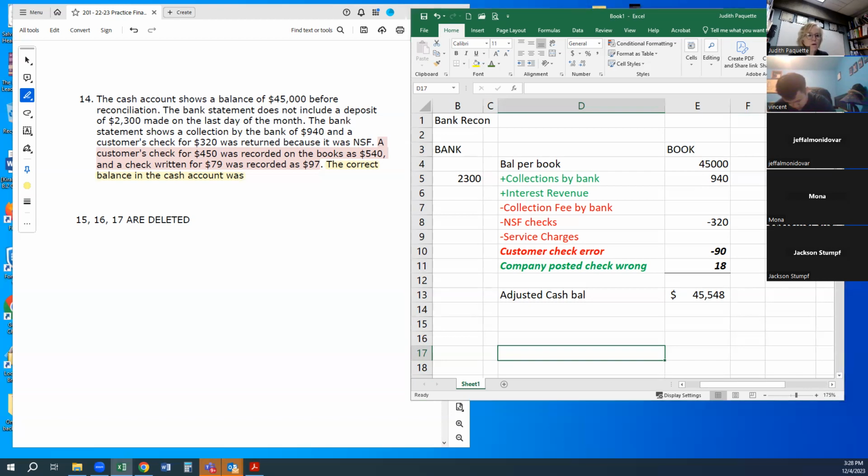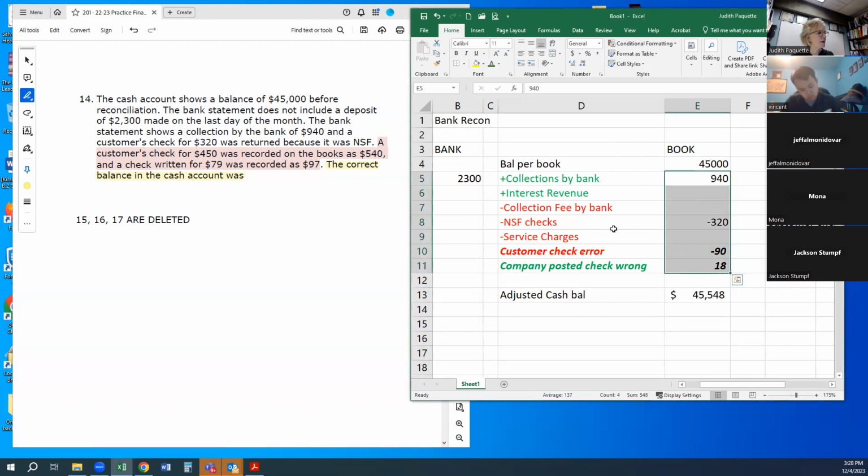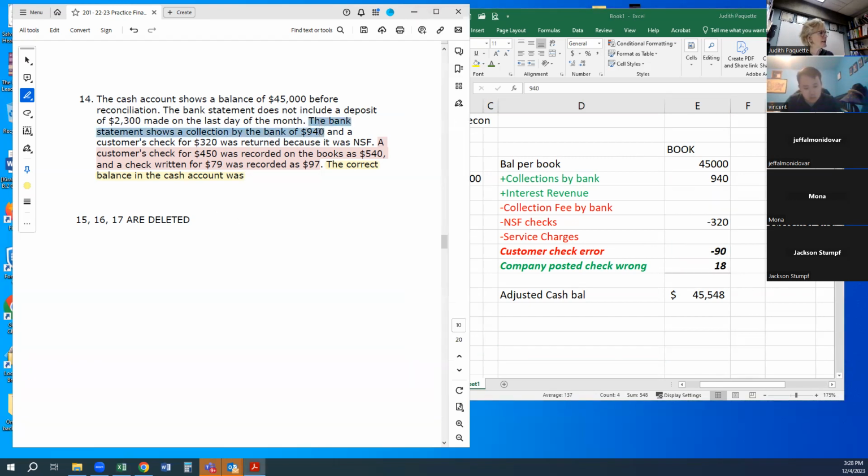All right. If you want to go over anything else, send me a text or put it in the chat. Where would note receivables go? Okay. So, oh, by the way, let's do the correcting journal entries for these. Connor, in this statement, the bank statement shows a collection of $940.